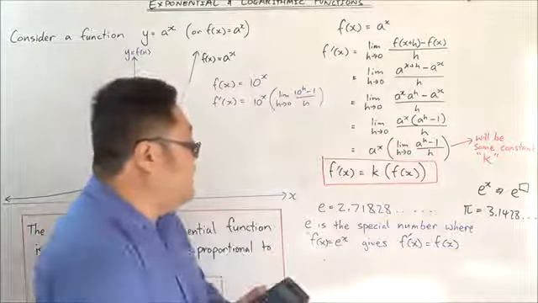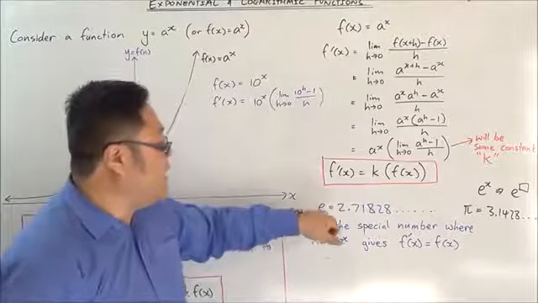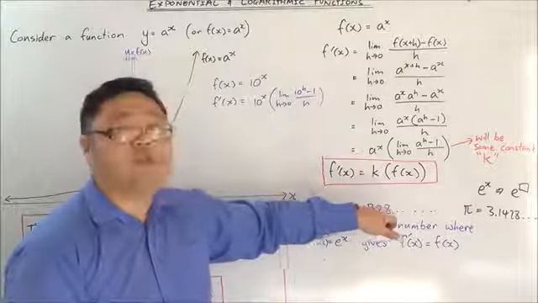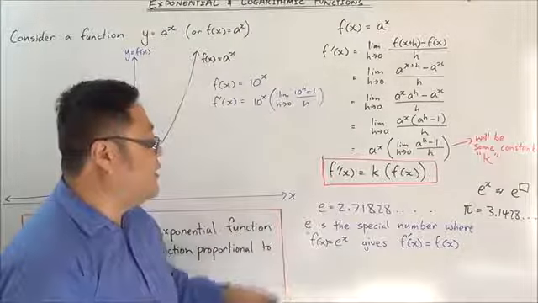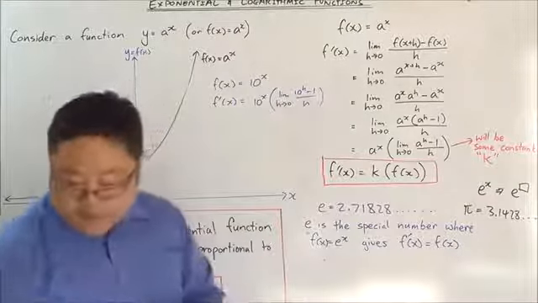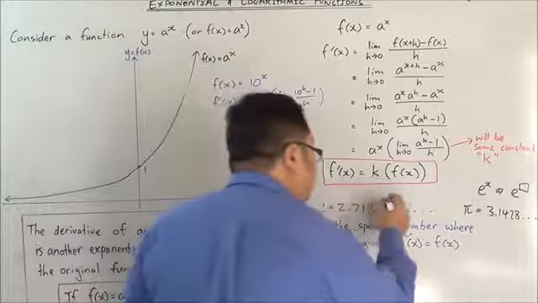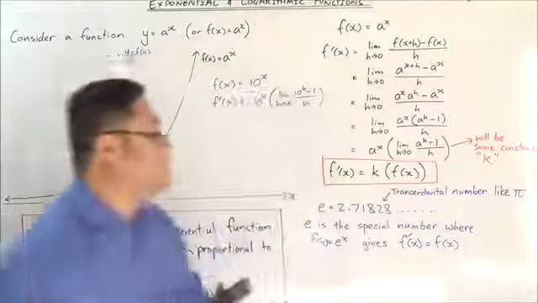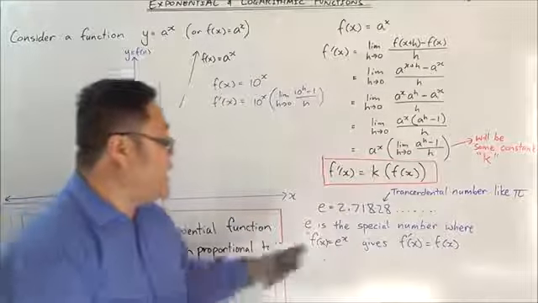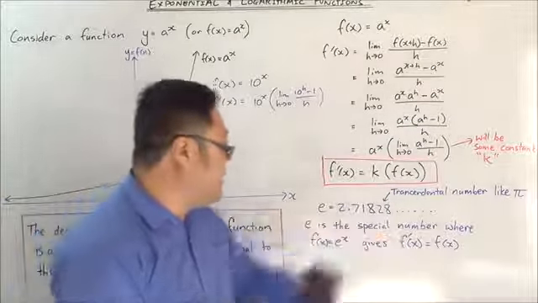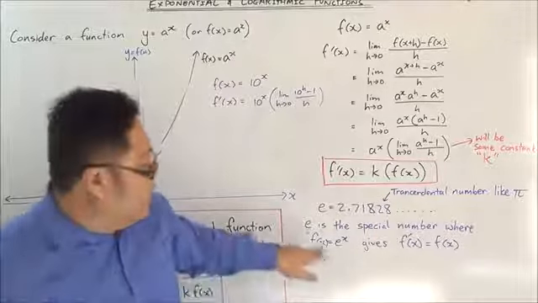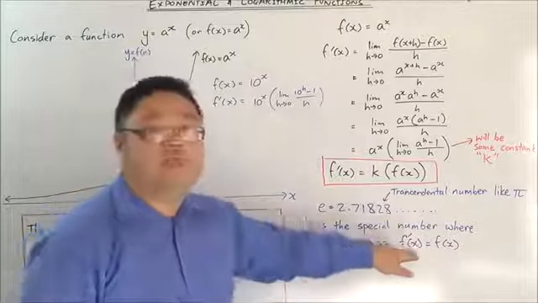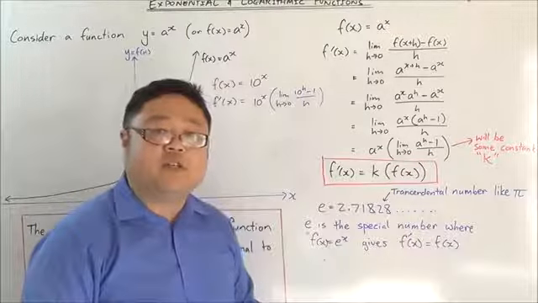Okay, so e is the number 2.71828, etc. It's what we call a transcendental number, like pi. So it's a transcendental number like pi, and e is the special number where f of x equals e to the x gives the derivative equaling the function itself.